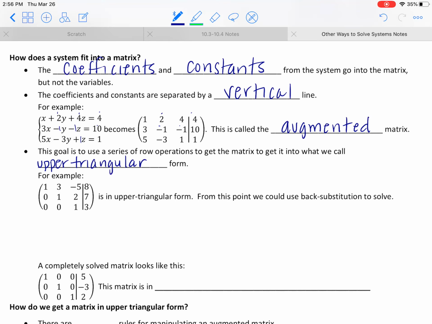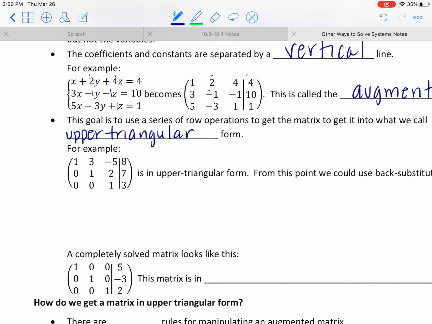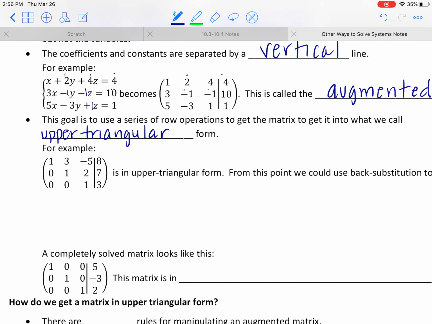If you notice the matrix here, we've got zeros forming a triangle, but we have this triangle of coefficients that still exist. This is what we call upper triangular form, so it's like the upper triangular part of the matrix. It's the only place where we have values. Since these are zeroed out, we actually can use back substitution to solve from this point.